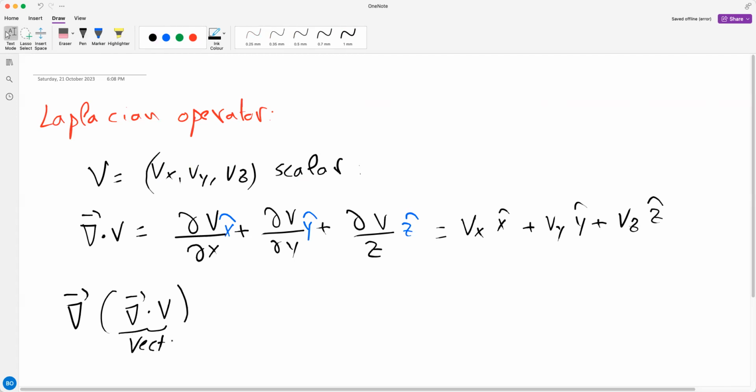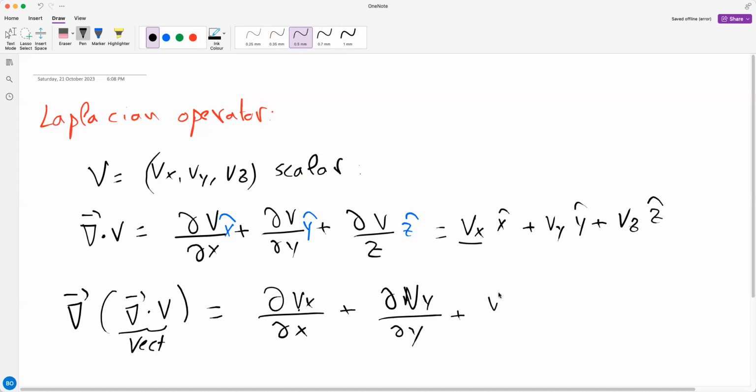So I can calculate the divergence of this vector, and it will be the derivative of Vx with respect to x, plus the derivative of Vy with respect to y, plus the derivative of Vz with respect to z.